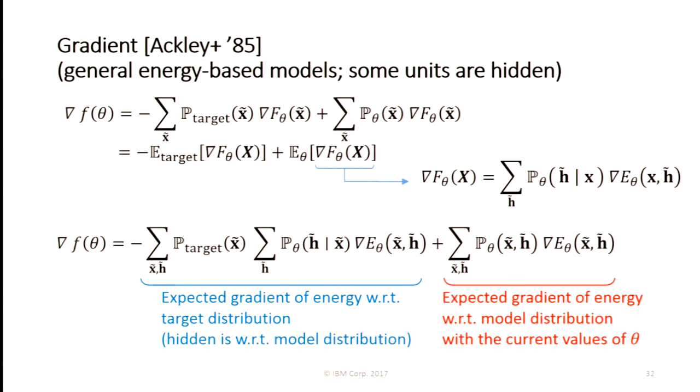For the hidden values, we use the conditional distribution defined by our model, because there is no target distribution for hidden units. The expectation with respect to the model distribution hasn't really changed. We just need to consider hidden variables as well.